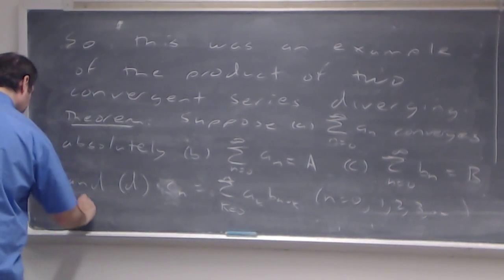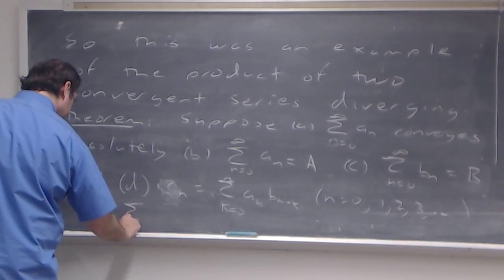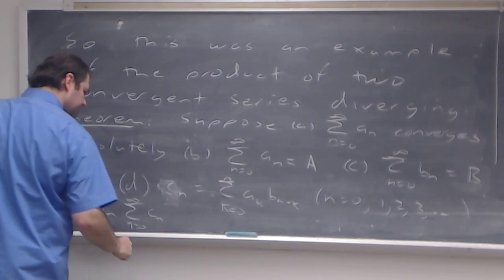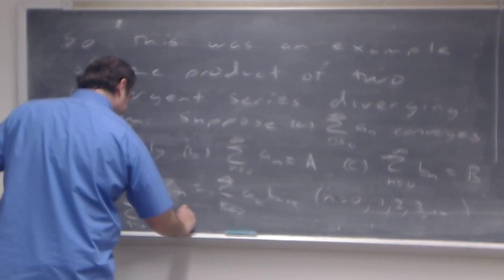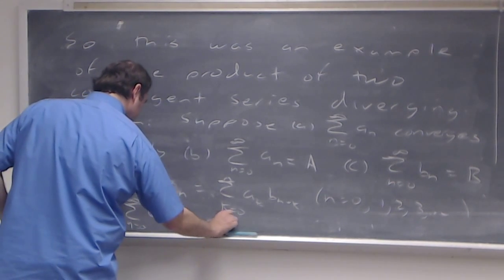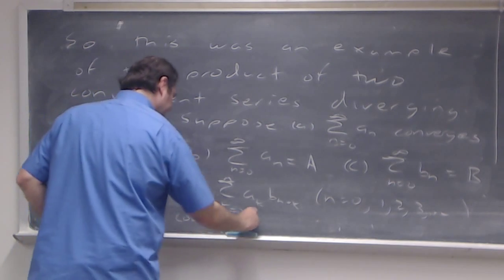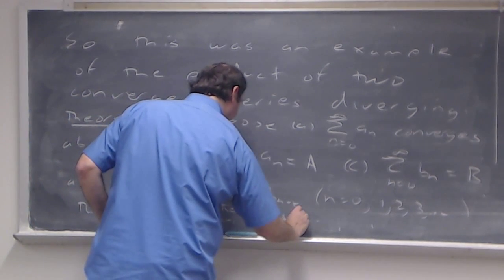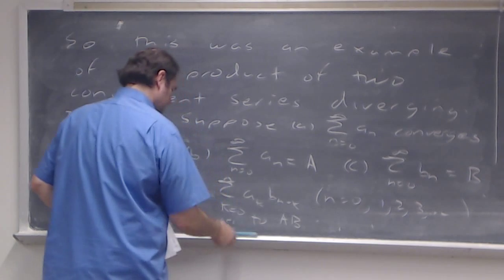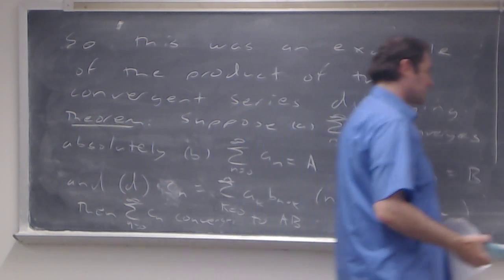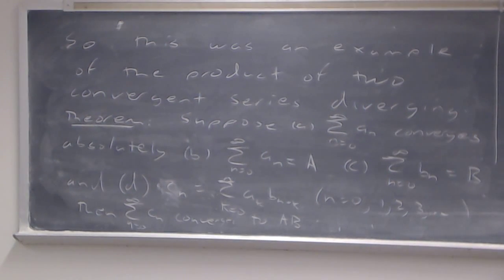Then the product series, the sum as n runs from 0 to infinity of the c sub n's, converges. Not only does it converge, but it converges to A times B, the product of each of the series.